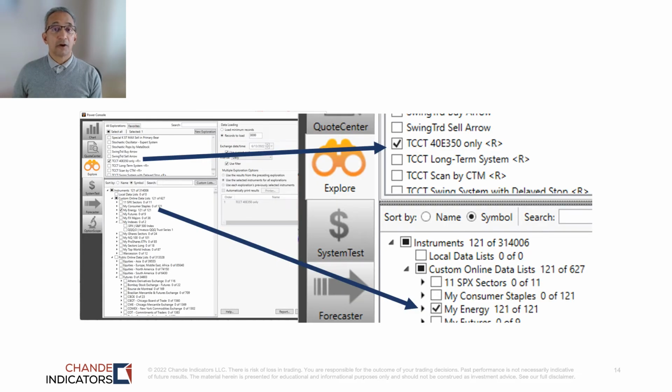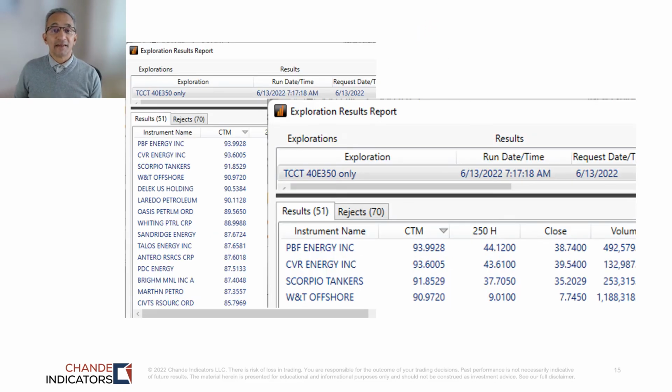The MetaStock Power Console allows you to set up a scan. So here in the upper box, we've picked the 40E350 band as what we want to use for the scan. And in the lower panel, we've set My Energy 121, or just 121 stocks in the energy sector, for the purpose of the scan. So let's look at the results. And this is a summary of the scan results. They were on 13th of June.